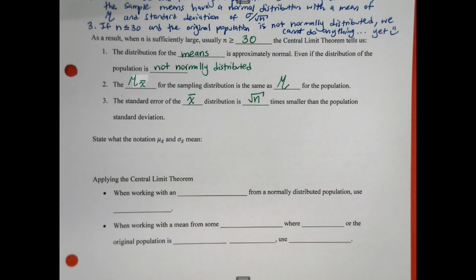We already talked about what mu sub x bar and sigma sub x bar mean. They are the mean and the standard deviation of our sample means.